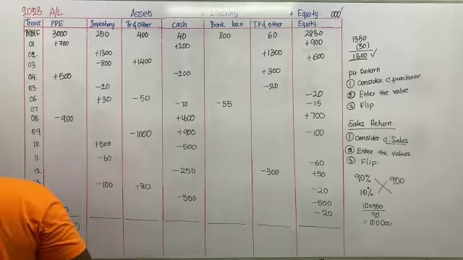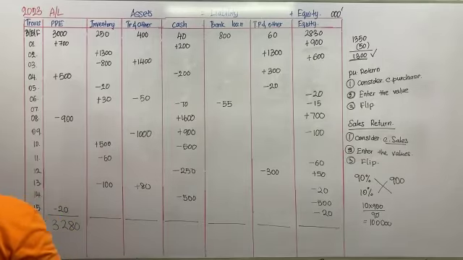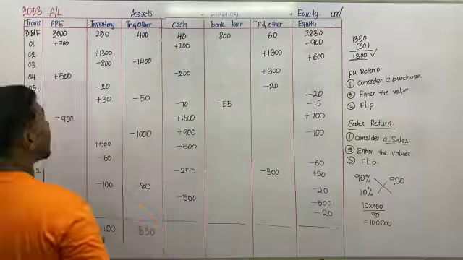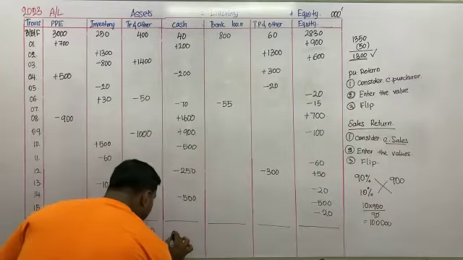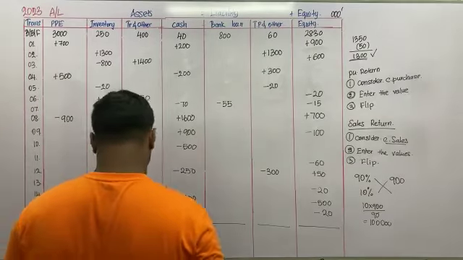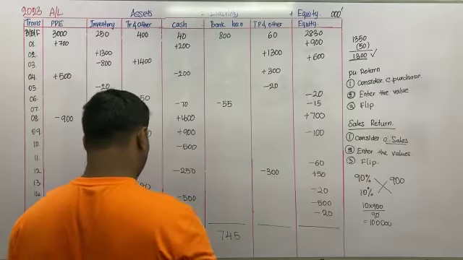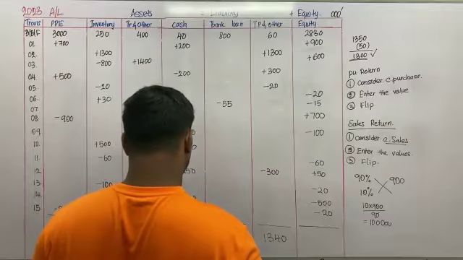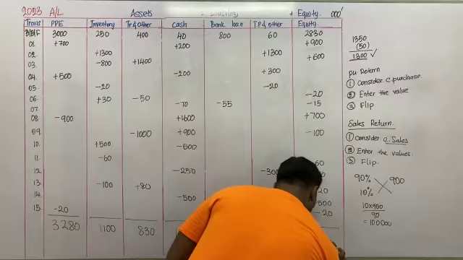3,280. 1,100. 830. 1,220. 745. 1,340. 4,345.